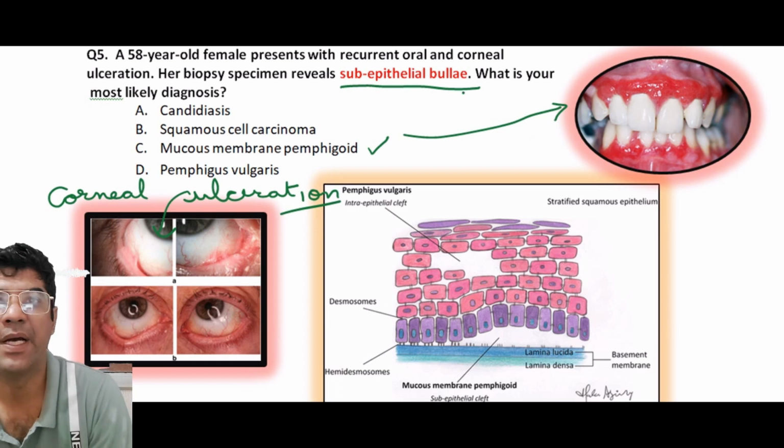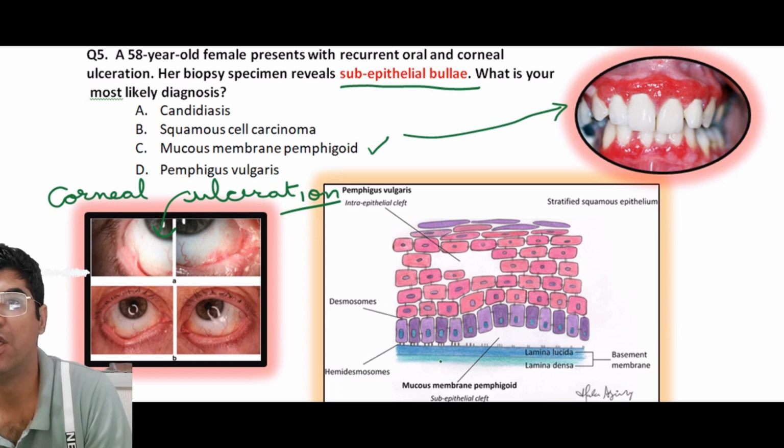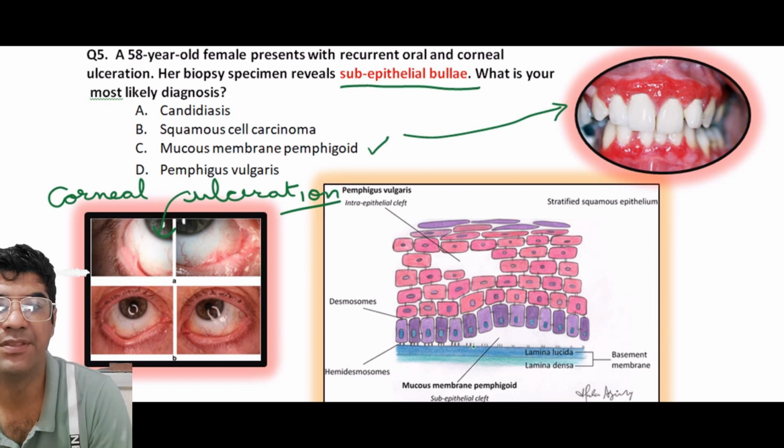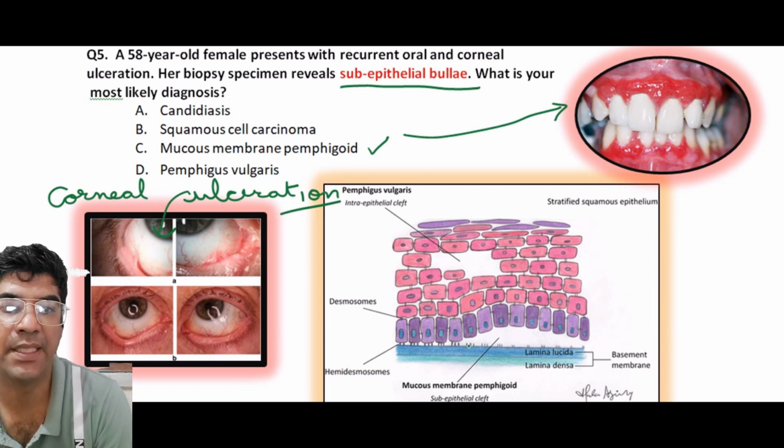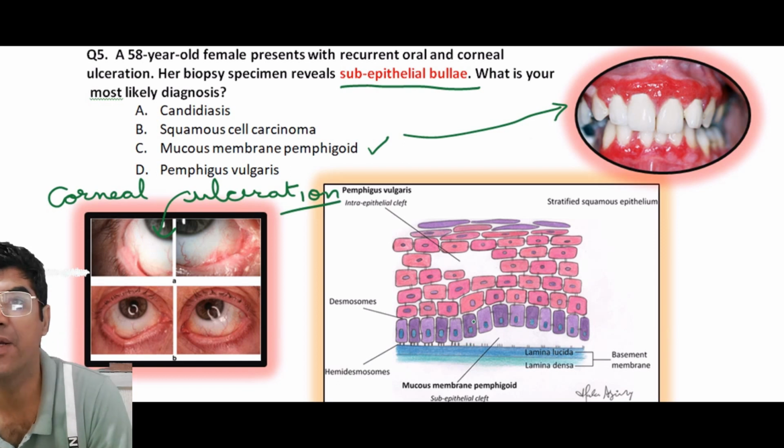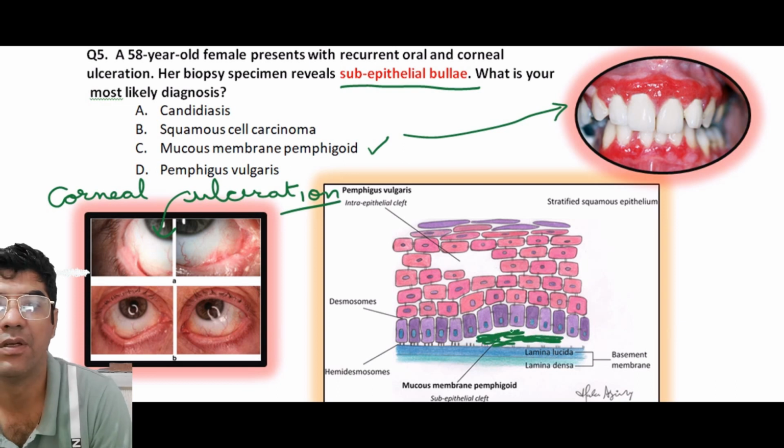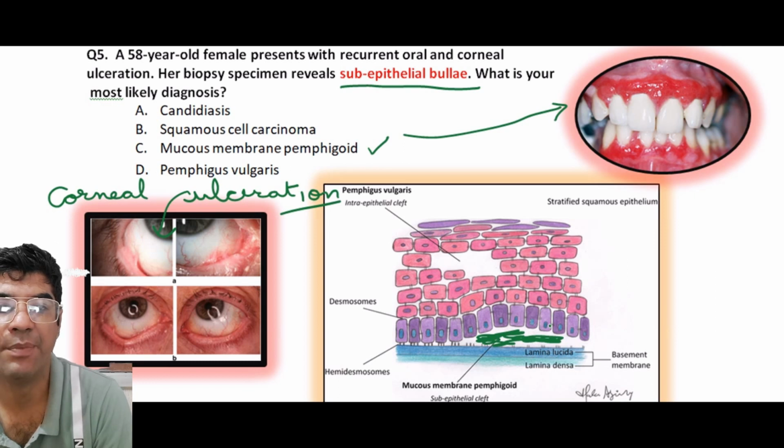So what do we mean by subepithelial bulla? Subepithelial bulla means the presence of a cleft or separation in the subepithelial connective tissue of the mucous membrane. Beneath the epithelial layer is the subepithelial layer.